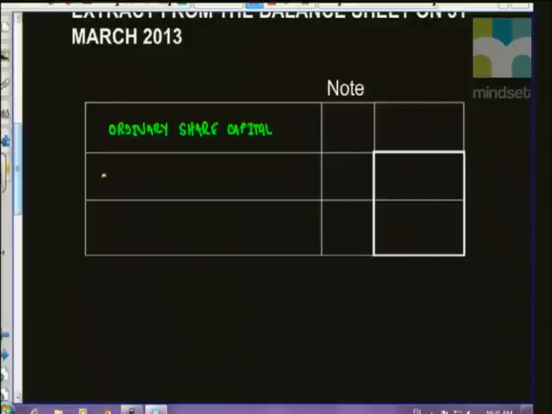In here you have your ordinary share capital. Once again, you'll notice, let's just change this here. That's supposed to read ordinary share equity. And ordinary share equity has two components. It's your ordinary share capital plus your retained income.